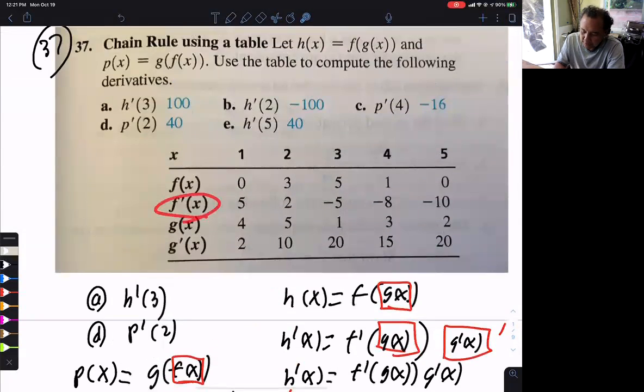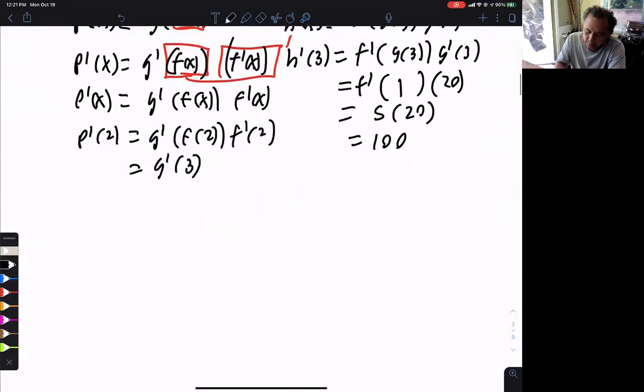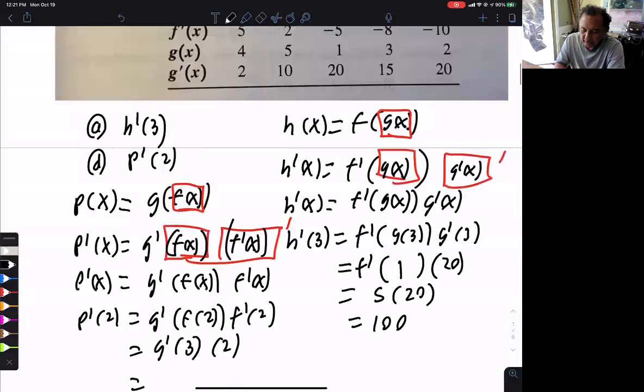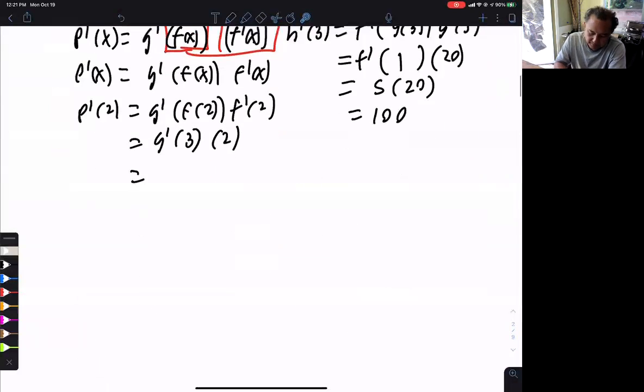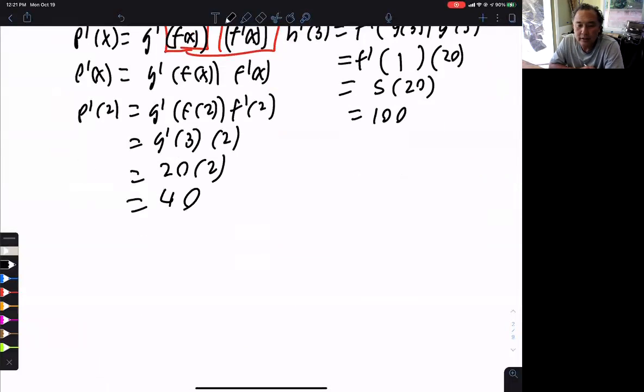Here's F prime, here's 2. That's going to be 2. So I replace that with a 2. We're almost done. G prime of 3. Here's G prime, here's 3. Looks like 20. So G prime of 3 will be 20 times 2. I believe the answer is 40.